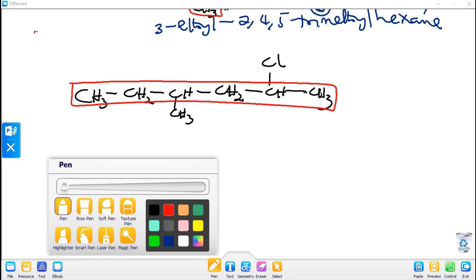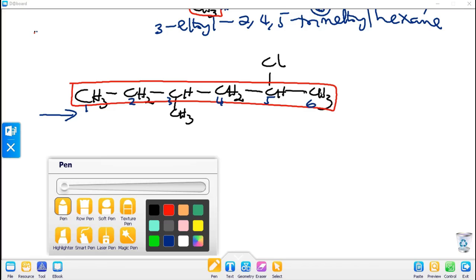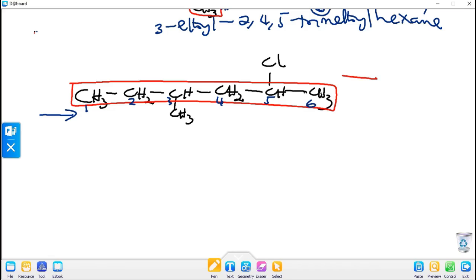Left or right? Some students will start numbering from the left-hand side. When you start numbering, carbon 1, carbon 2, 3, 4, 5, and 6. If another student starts numbering from the right-hand side, this will be 1, 2, 3, 4, 5, and 6. So, where do we start numbering? Now, look at the name.